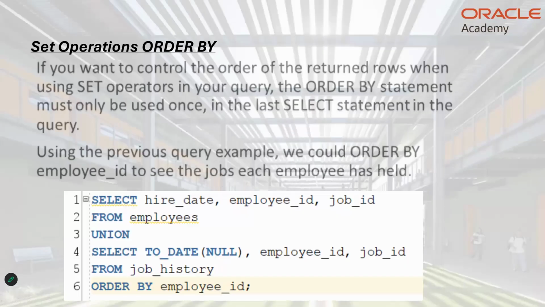All right. So if you want to control the order of your returned rows in your set operator, you can combine that with the order by statement, but it can only be used once and it can only be used in the second query. So you see this query here, select hire date, employee ID, job ID, and then we added the same union operator, union, and we're going to order it by the employee ID.